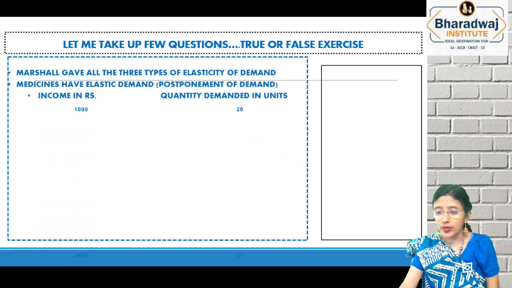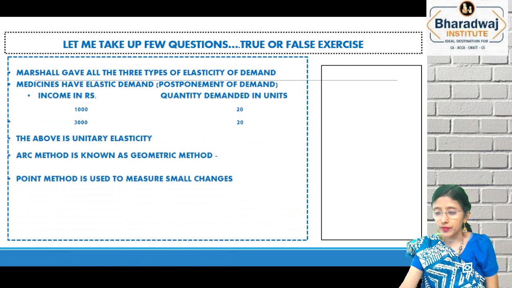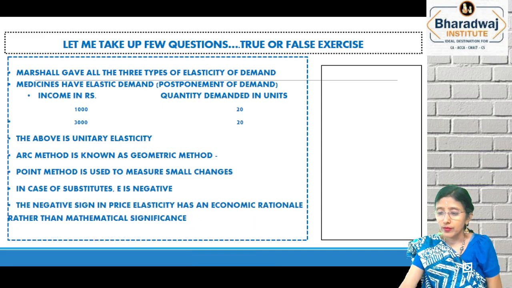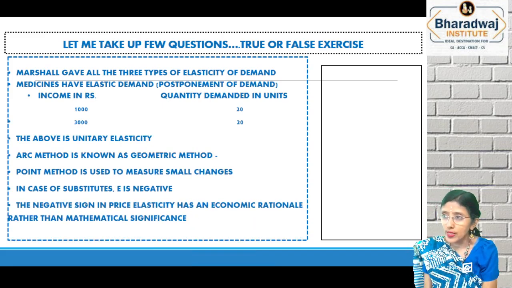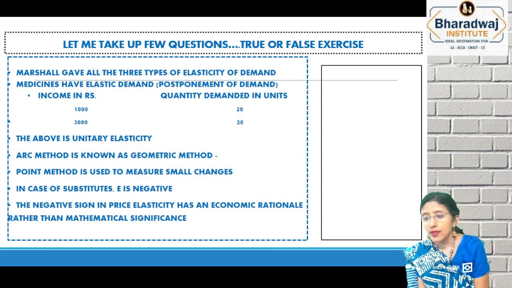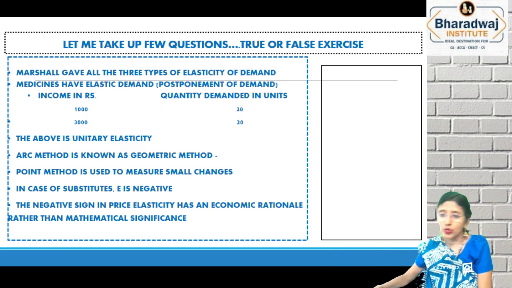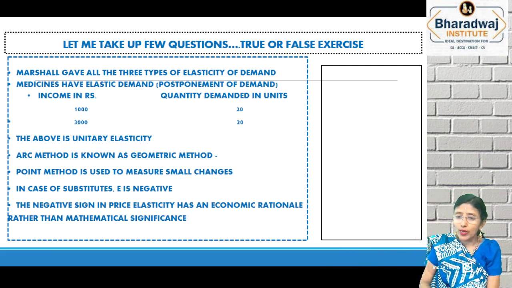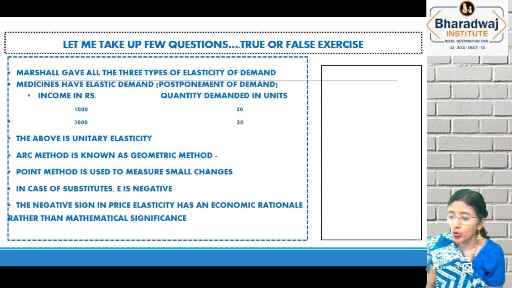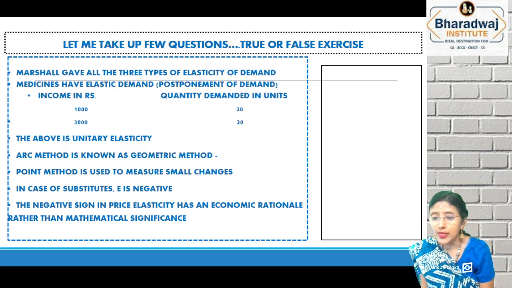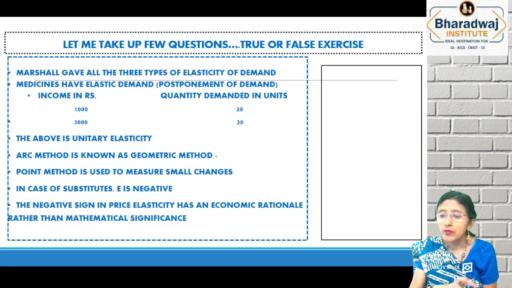Please look at these questions. Please do this exercise, and I will ask you more questions. Marshall gave all types of elasticity of demand, like a true or false exercise. Medicines have elastic demand, say true or false.